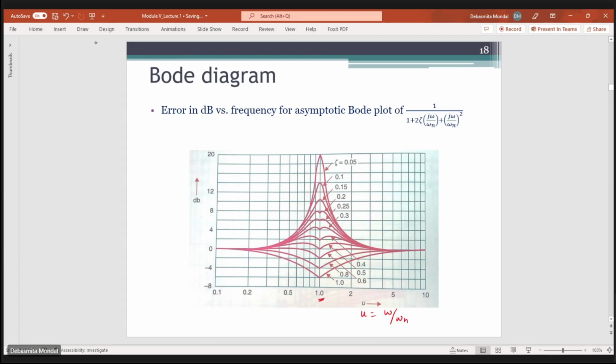So when omega by omega n equals 1, for very small values of zeta the error is quite large, and the error is less when we are dealing with a value of zeta around 0.707 or in that range.